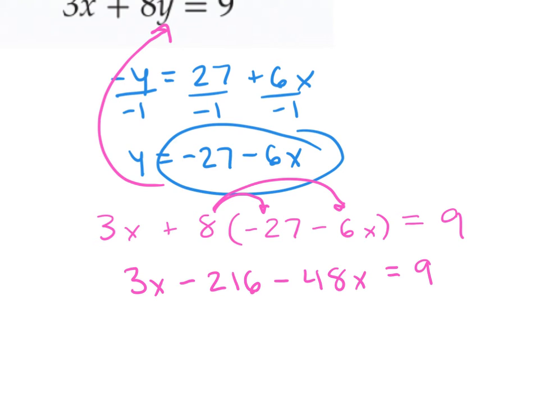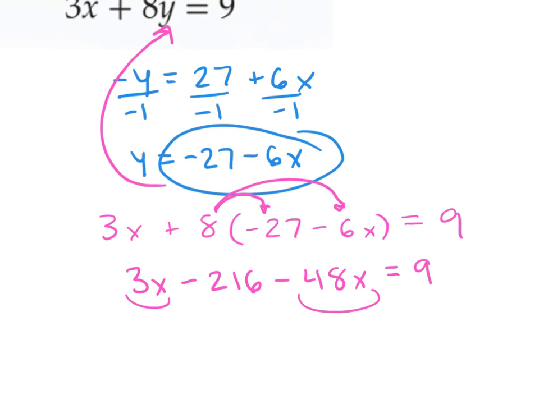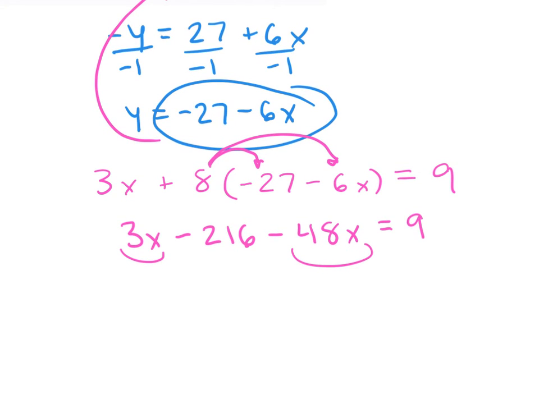So what can we combine? Can we combine the 216? The 3x and the negative 48x. They're on the same side, so we just add 3 plus negative 48. So 3 minus 48. What's 3 minus 48?